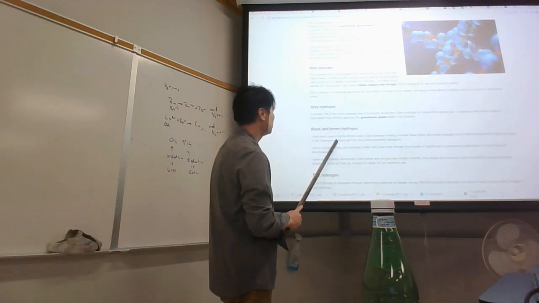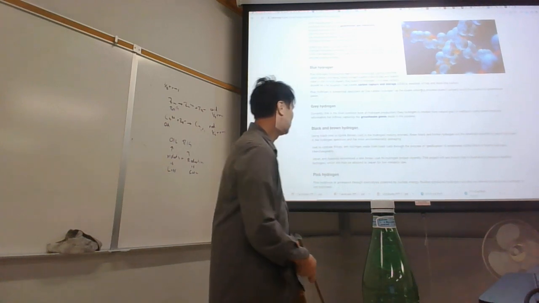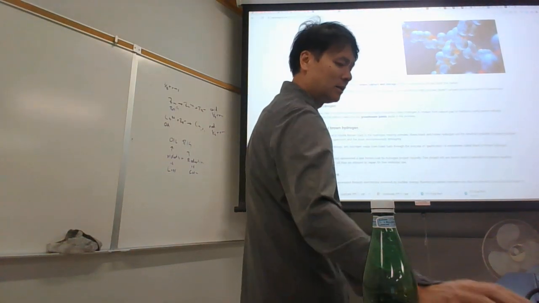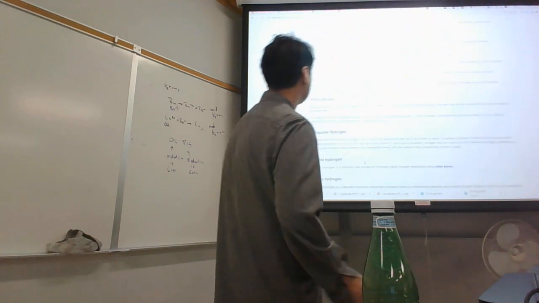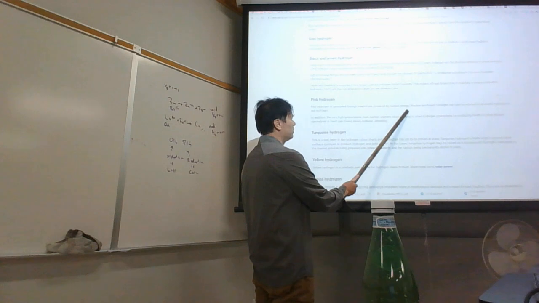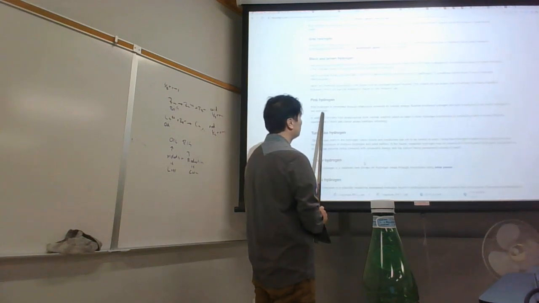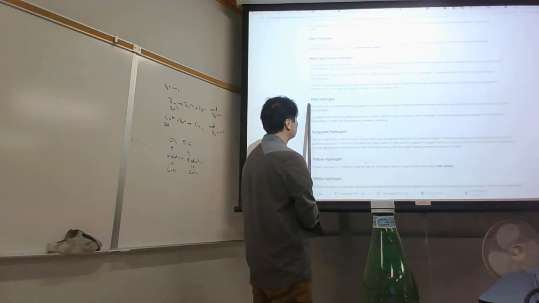Black and brown hydrogen use coal. Pink hydrogen, this is it. It's not red hydrogen, it's pink hydrogen. Pink hydrogen is generated through electrolysis powered by nuclear energy. Nuclear produced hydrogen can be referred to as purple hydrogen or red hydrogen. So red, purple, and pink hydrogen are the same, I guess.